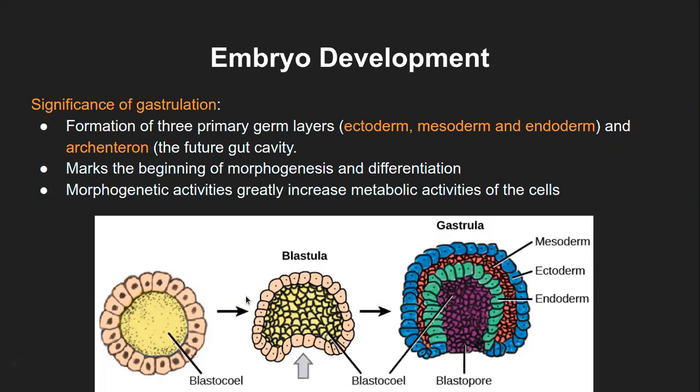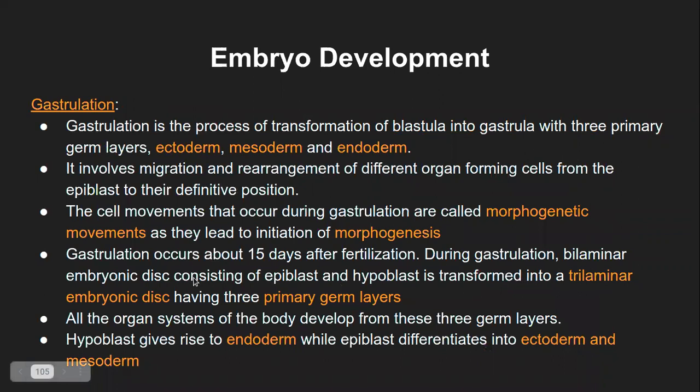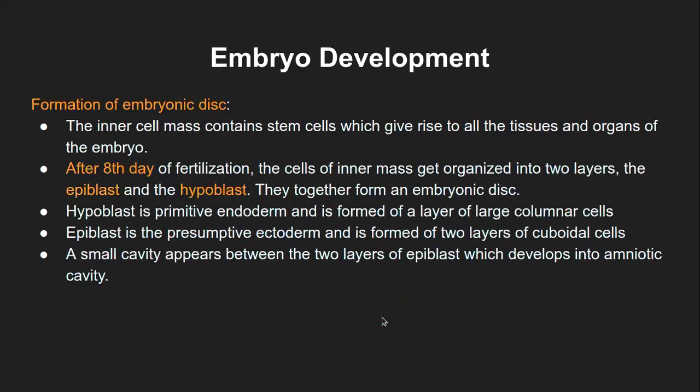They will also differentiate over time, and these are the three layers that we are yet to see. These three layers will be formed from the hypoblast and epiblast. Hypoblast will form endoderm and mesoderm, that is the innermost and the middle one, and the ectoderm will be formed by the epiblast of the embryonal knob.